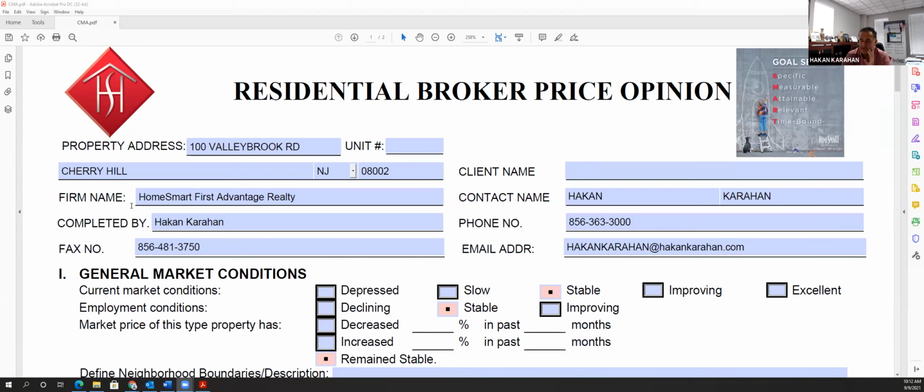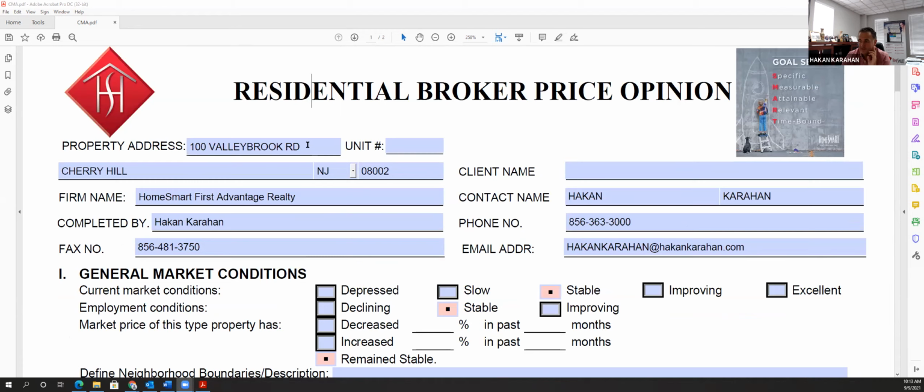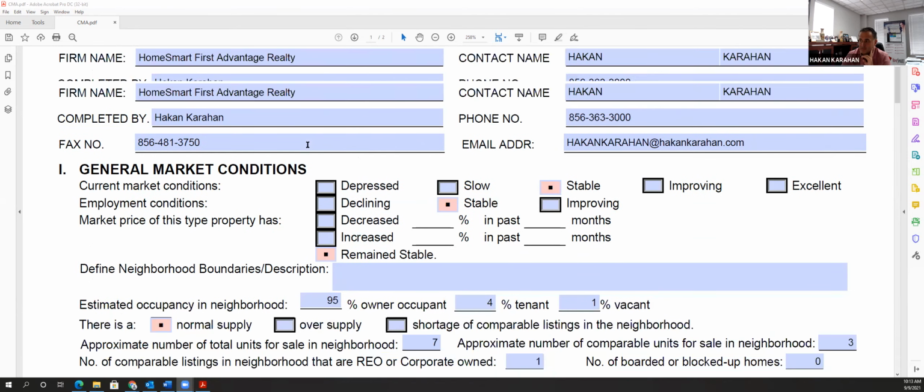So we're going to go through this and understand how you can come up with better pricing for your CMAs. Again, the properties are not real, but I want to show you how we can compare properties apple to apple, even though they are oranges to apples to cherries. So we get this format together, and everything is pretty much apple to apple.